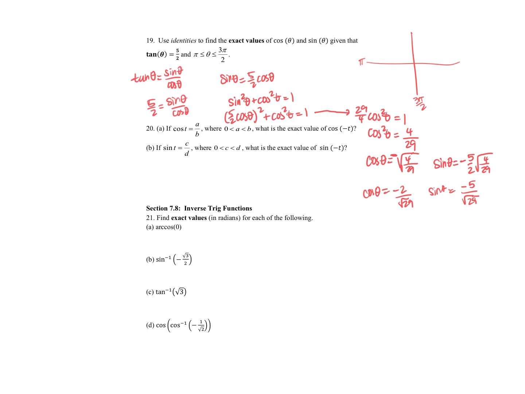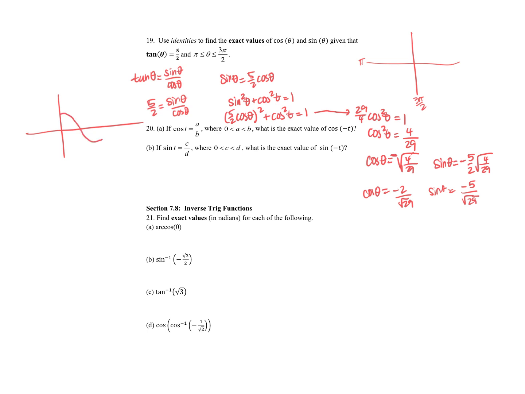All right, next I have: if cosine t equals a over b, what is the exact value of cosine of negative t? Okay, and so I know that the cosine function has some symmetry.